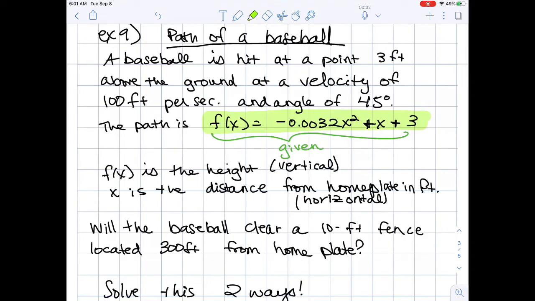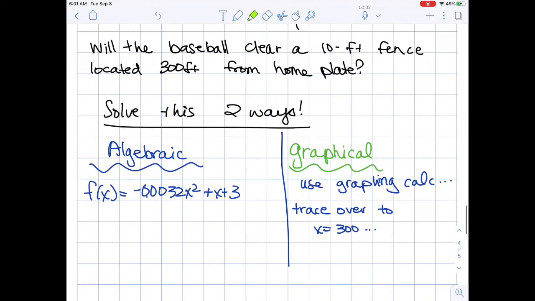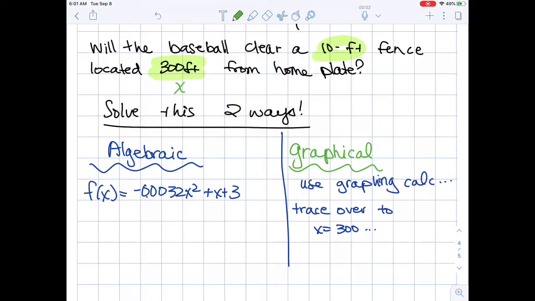F of x is the height vertical, which is the vertical part, and x is the distance from home plate in feet horizontally. Will the baseball clear a 10-foot fence located 300 feet from the plate? So basically what they're asking is, when the x is 300 feet, will the y be greater than 10 feet? Meaning, is it tall enough to clear the fence?